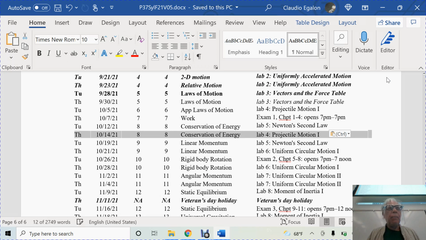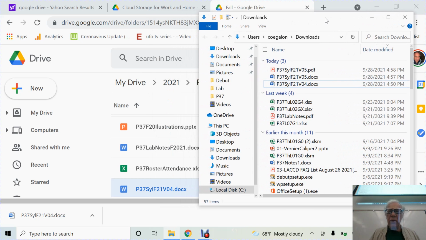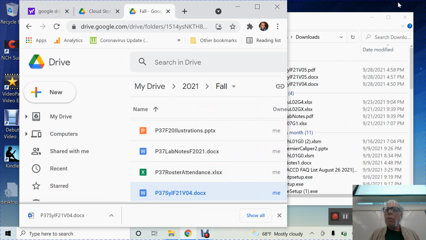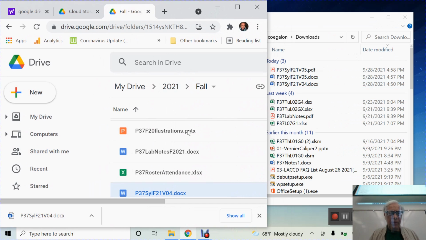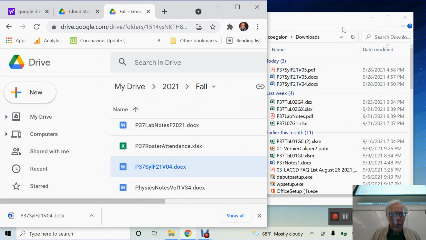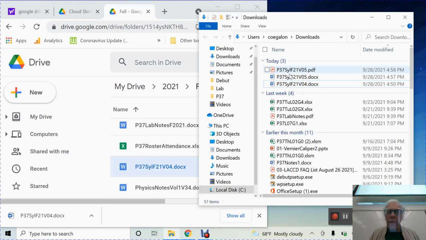Here you go. And so what changed here was the scheduling, right? The scheduling of the lab and the exam. As we go along, I'll be making some other minor adjustments to the schedule.